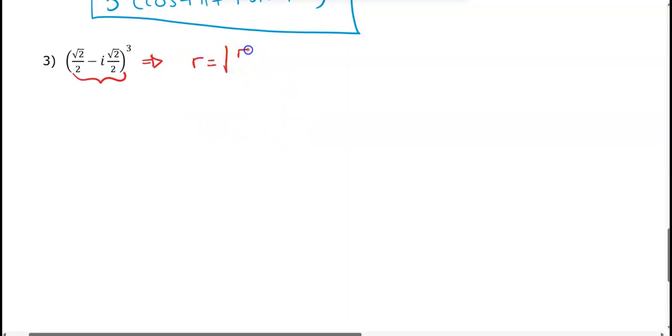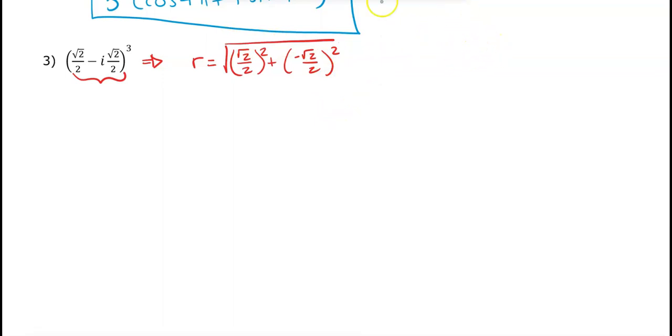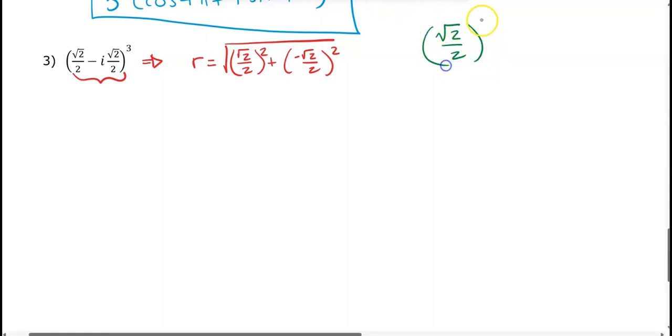So that's going to be the square root of (square root 2 over 2) squared plus (negative square root 2 over 2) squared, and I square root all of that. Well, let's go ahead and do this off to the side a little bit here. If I have the square root of 2 over 2 and I square that, that means that square goes to both the numerator and the denominator.